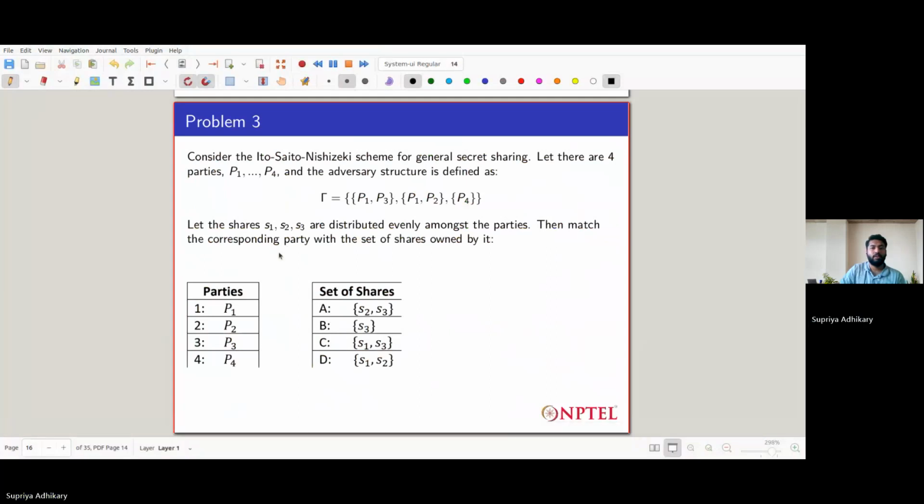Okay. So let's come to problem 3. In problem 3, what we have here is that there are 4 parties, P1, P2, P3, P4, and the adversary structure is defined as this.